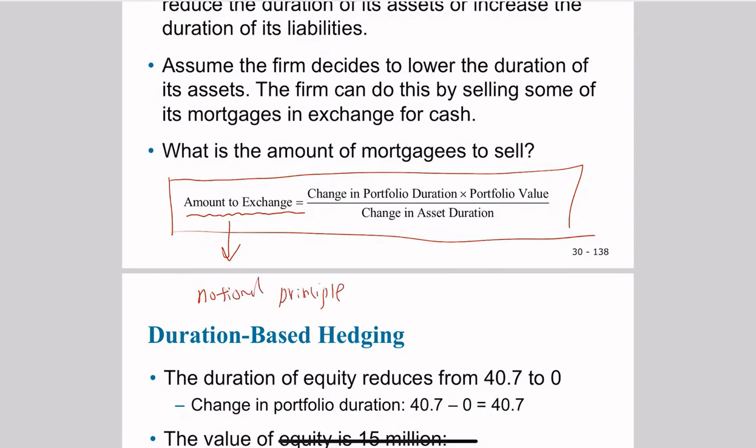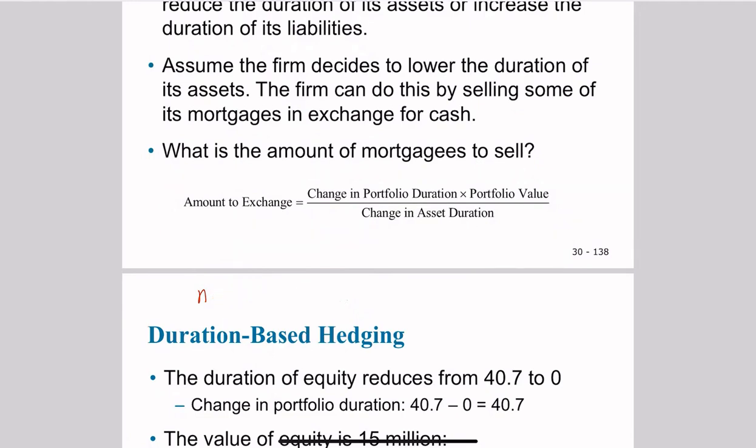Next, we need to find out the change in portfolio duration, the portfolio value, and the change in asset duration. We have solved a similar problem in the last class. The change in portfolio duration is, here again, portfolio refers to the bank's equity.